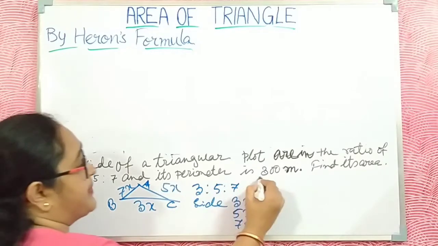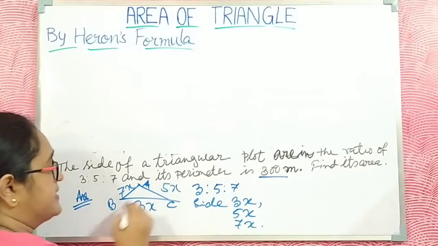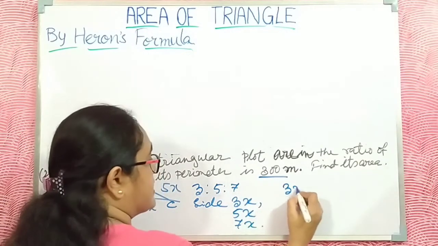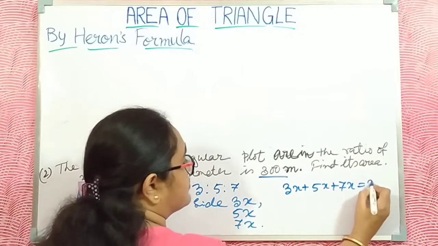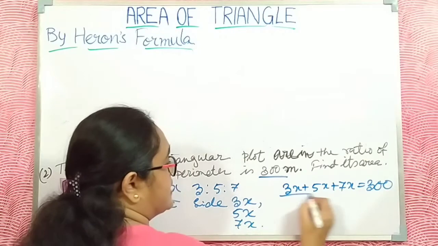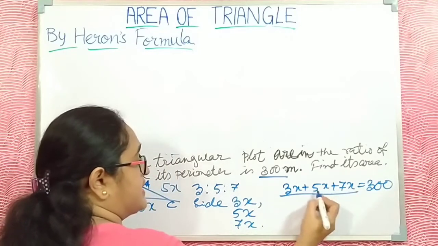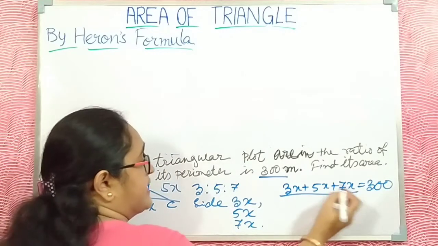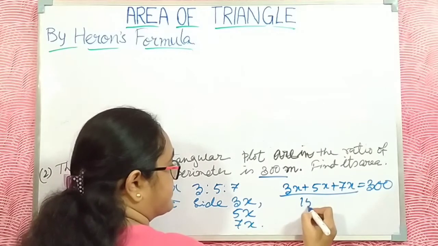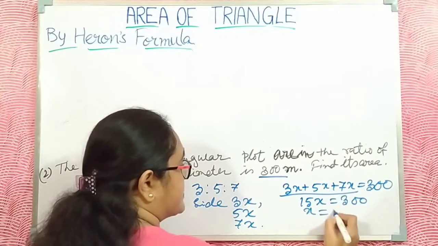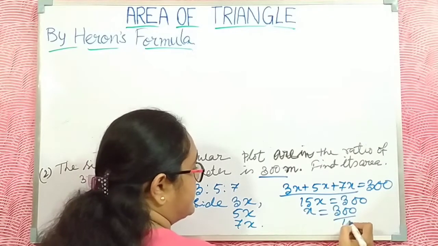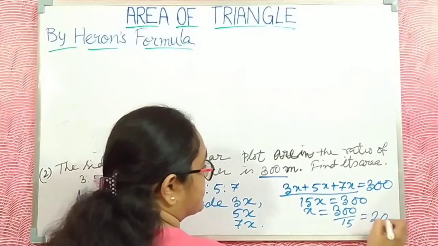Here the perimeter is given as 300. Then the perimeter is 3x plus 5x plus 7x equal to 300. The addition is 5 plus 3, 8; 8 plus 7 is 15. 15x is equal to 300. Then x becomes 300 by 15, which is 20.